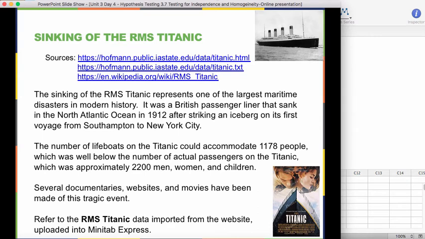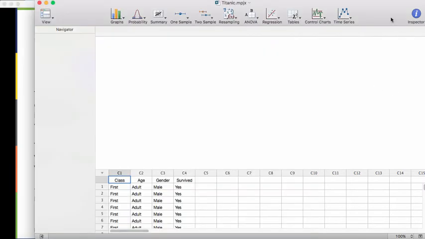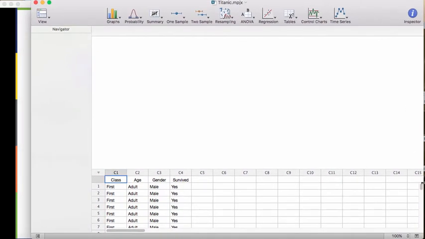We're going to refer to the RMS Titanic data imported from this website that Kim has mentioned above, and it was uploaded into Minitab Express. What I mean by that is they do have data that was downloaded, and we can look, and it shows the class that the passenger was in, their age, whether they're adult or a child, their gender, and whether they survived or not.